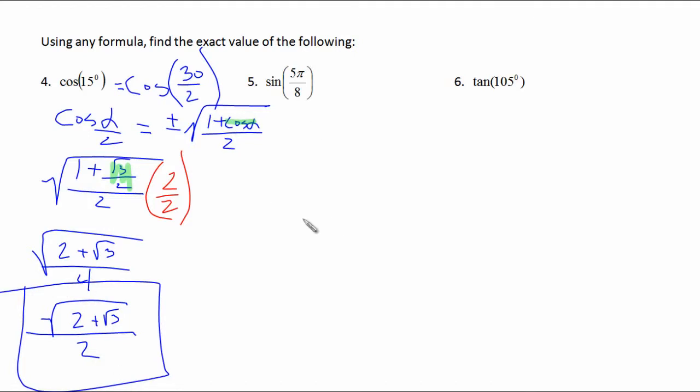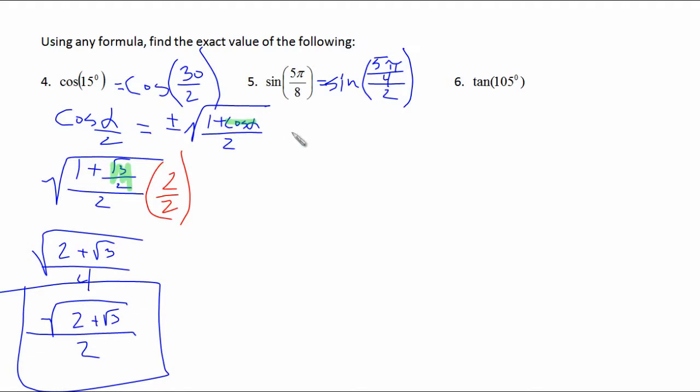Now look at the next one here, which is the sine of 5 pi over 8. Again, 5 pi over 8 is not a reference angle that we're familiar with, but if I use a half angle, I can make this 5 pi over 4, which I believe is 210 degrees, and I'll divide that by 2, so there's my 5 pi over 4 over 2, which is 5 pi over 8.